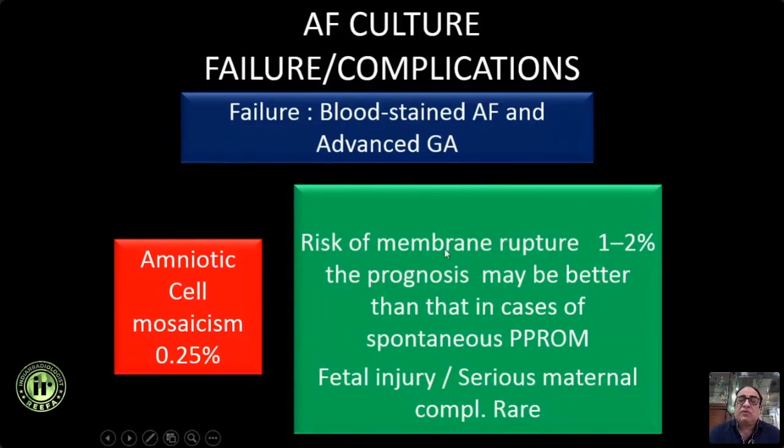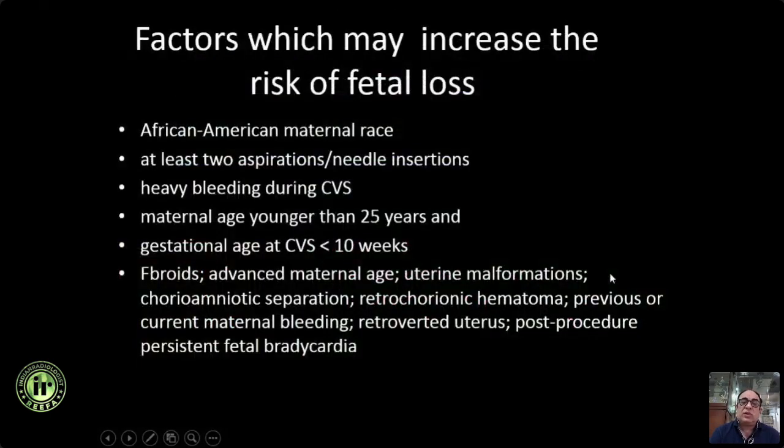Now, the risk of leak following an amniocentesis has been reported as 1 to 2%, but the prognosis is much better following a procedure than it is with a spontaneous leak. So most of these fetuses will come out of the risk period and they will do well. So I think it's very, very important that you counsel your patients and the gynecologist.